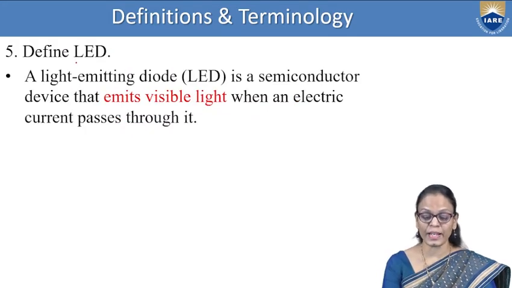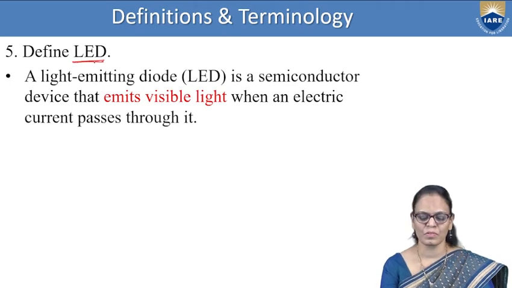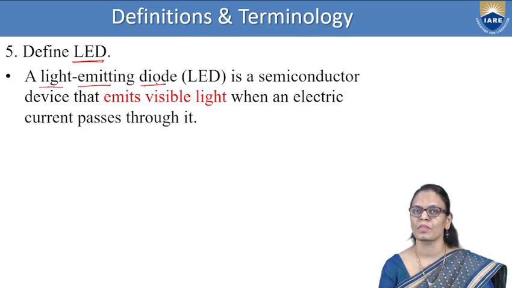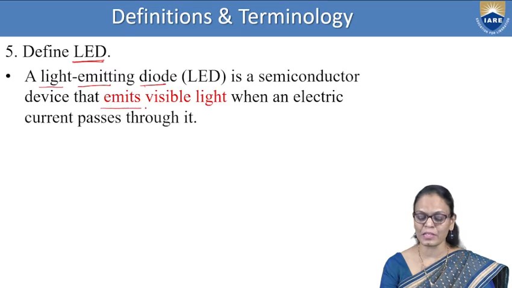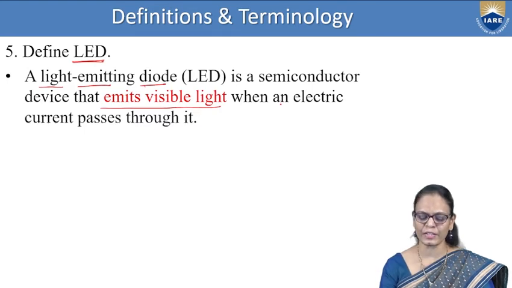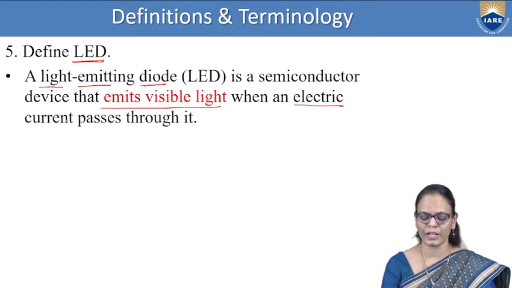Now, define LED. What is an LED? The full form is light-emitting diode. The name itself says it is a light-emitting diode. It is a semiconductor device that emits visible light, which is in the visible spectrum, when an electric current passes through it.